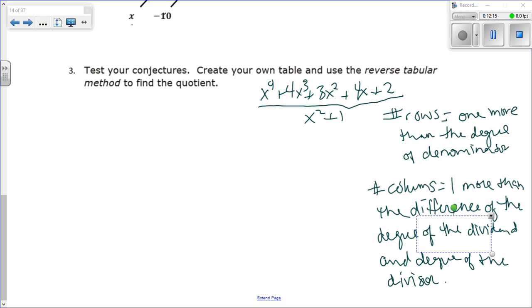So in this problem, if I were to subtract the 2 powers, the 4 minus the 2, I'd get 2, and I'd have to add 1 more, so I need 3. So on this problem, I need a 3 by 3.